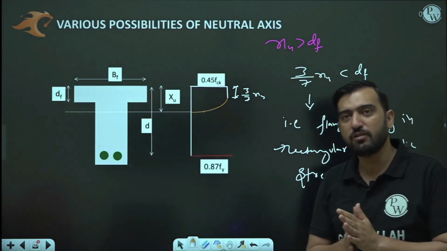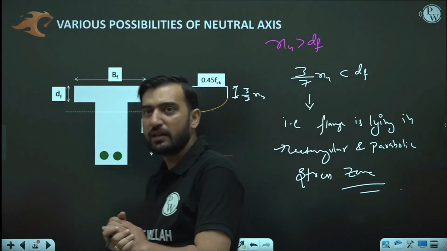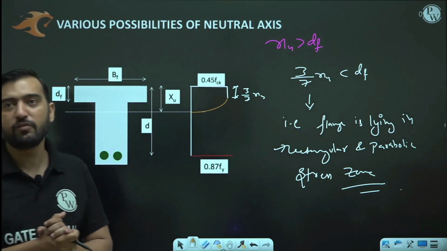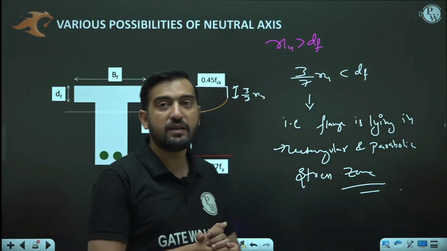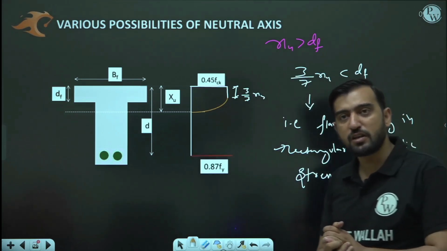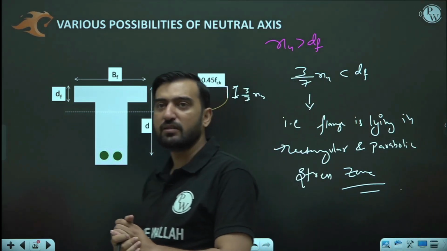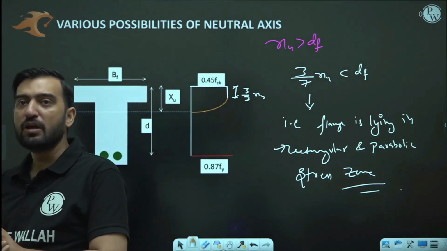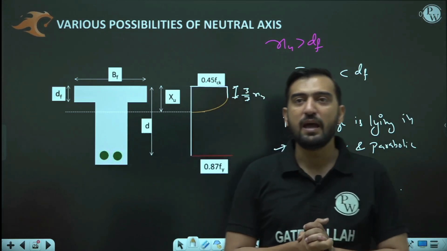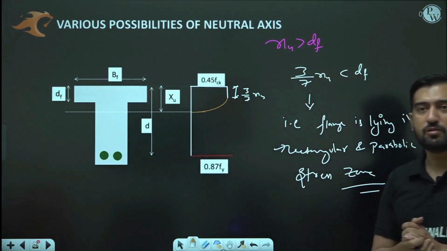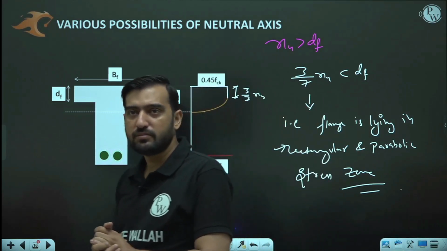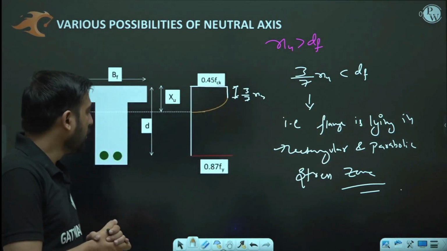First possibility was when XU is greater than DF, at the same time 3/7 of XU is greater than DF, means the entire flange is going to lie in the rectangular stress block. Second possibility is when 3/7 of XU is less than DF, means when the flange is going to lie partially in the rectangular zone and partially in the parabolic zone. Okay, that was the case. Okay, my dear friend. Now, after that, what is going to happen here?